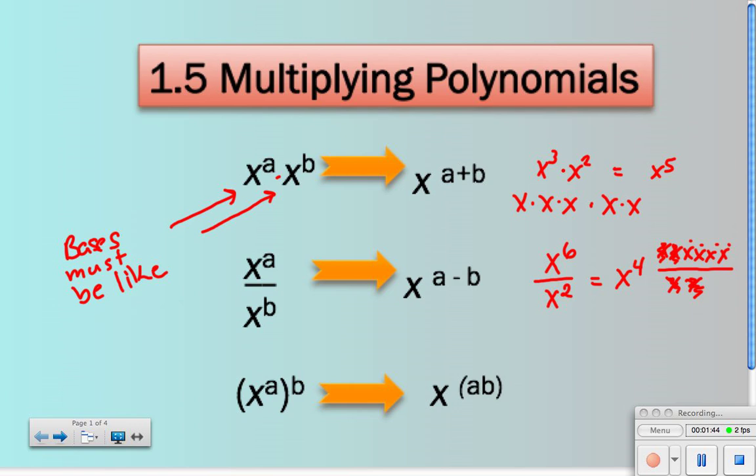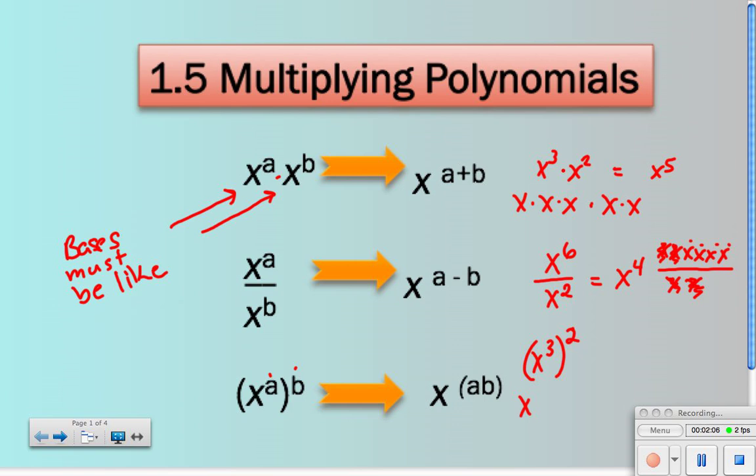If we're taking an exponent and raising it to another exponent, then we actually multiply the exponents together. An example of that would be x to the third raised to the second. This means 2 x to the thirds.